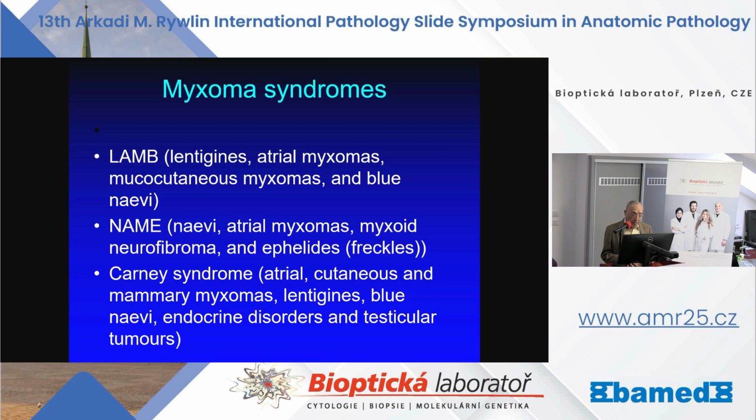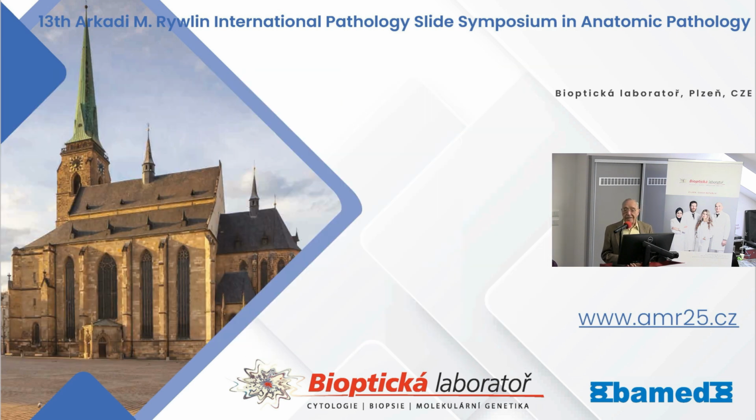And the Carney syndrome, which has atrial myxomas, cutaneous and mammary myxomas, but also lentiginosis, blue nevi, endocrine disorders, and testicular tumors. And with that, I conclude my presentation. Thank you very much.